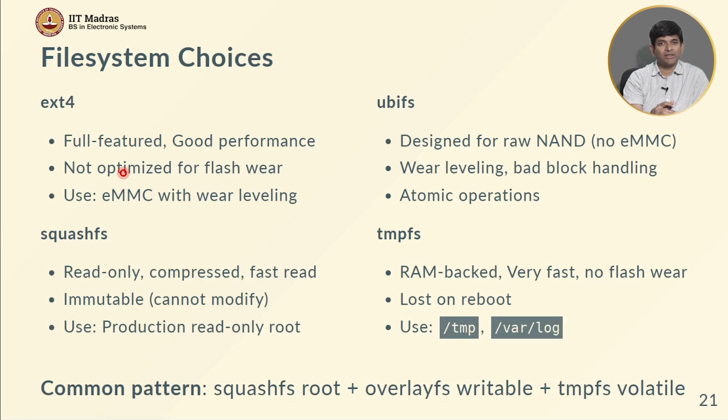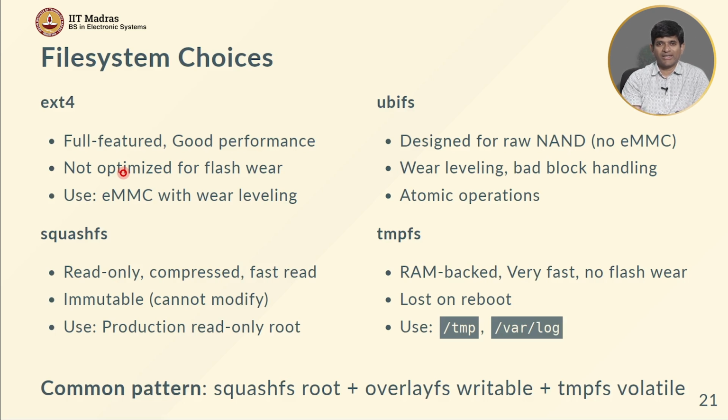Meaning that they would actually at the hardware level try and make sure that data is moved around to different segments of the system, so that you don't do too many writes in one particular block of the flash memory. The risk being that, especially if you have a file system like a temporary file system where there's a lot of writing going on, you might end up negatively impacting one particular block of the flash memory while the rest of it is perfectly fine.